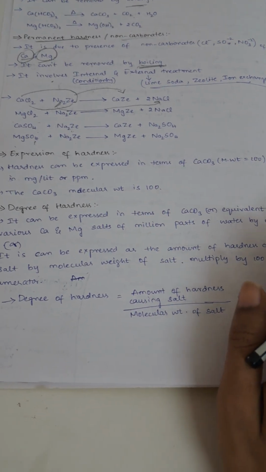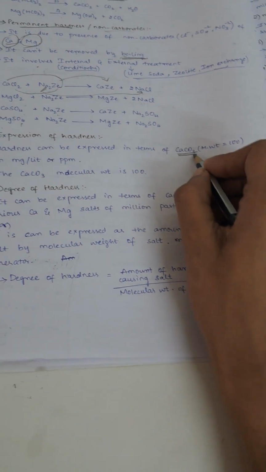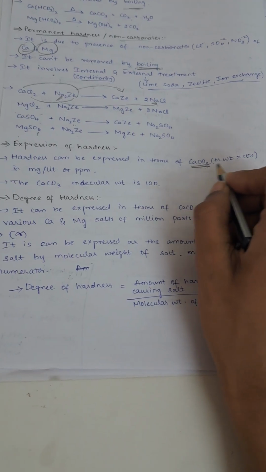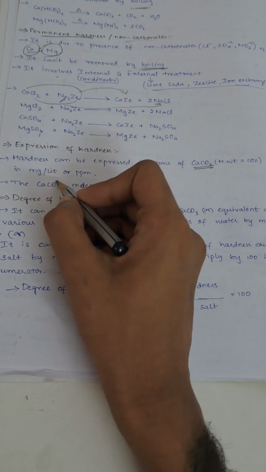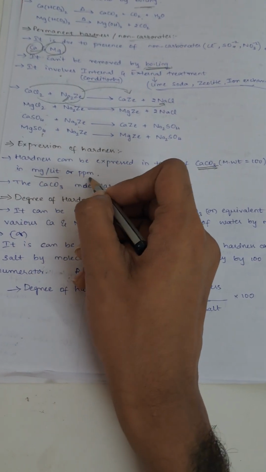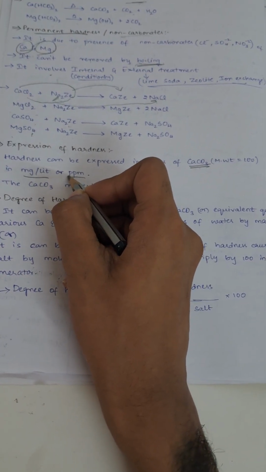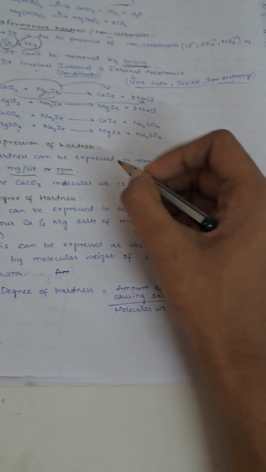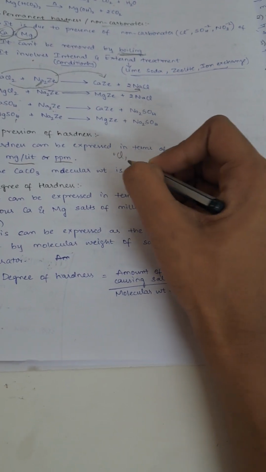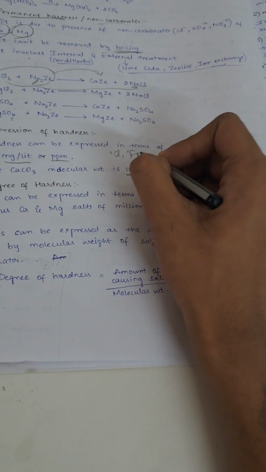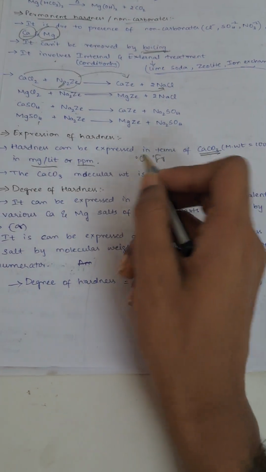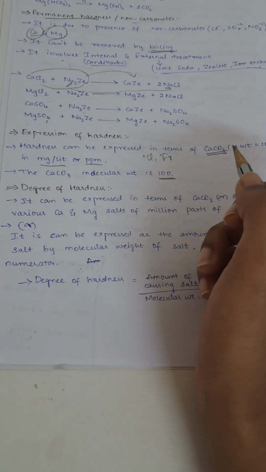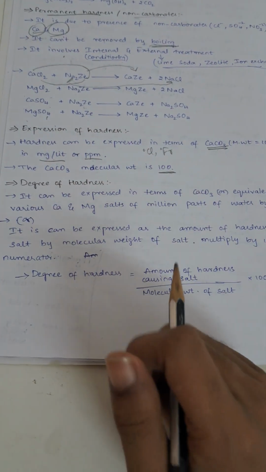We can express hard water in terms of calcium carbonate, CaCO3, whose molecular weight is 100, and the units are milligrams per liter or ppm, parts per million. There are also two other units, degree Clark and degree French. We can express hardness of water using any one of these four units. This is expression of hard water.